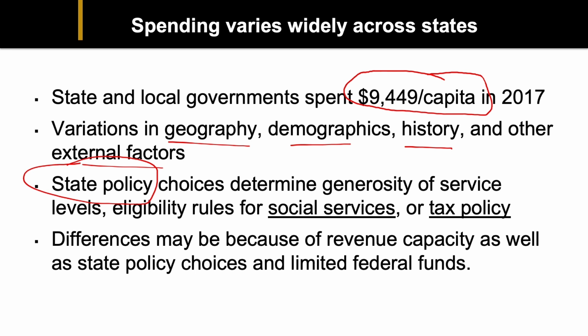State policy determines the generosity of government service levels. It affects eligibility rules for social services, tax policy. And differences between states can be because of revenue capacity differing. Some states have more income or are wealthier than other states.